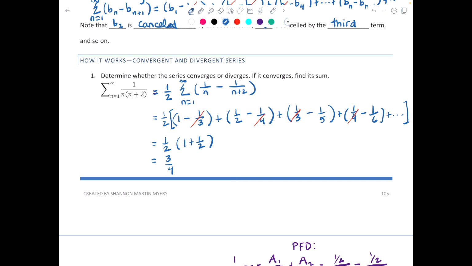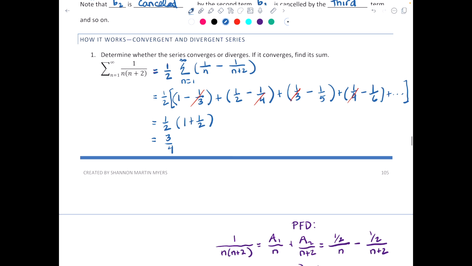Pretty cool, huh? You can find this infinite sum, right? But we have to make sure everything else is going to zero out. So you really want to add the limit as n approaches infinity of your n plus first term.